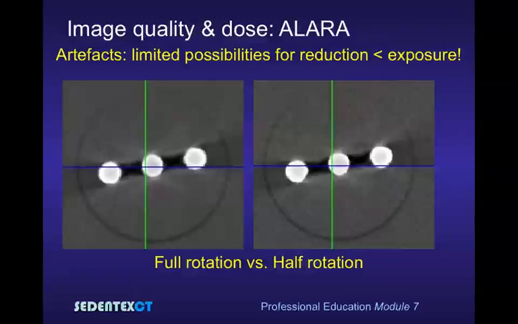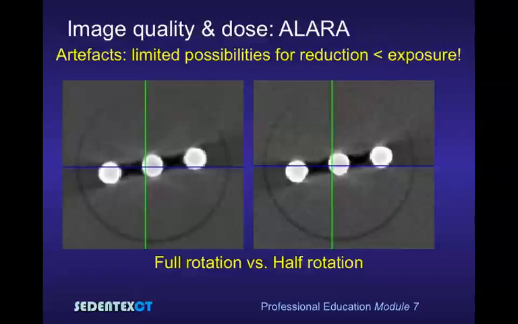One factor that does limit our possibilities for reduction of dose by reducing the exposure factors is the presence of artifacts. In cone beam CT, artifacts are frequently a problem from metallic restorations in the patient.